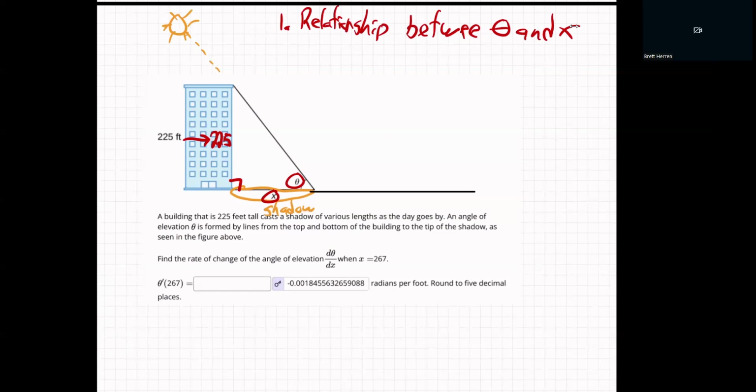So this right here is a right triangle, isn't it? Do you see that? And remember for right triangles, we can use SOHCAHTOA. Remember that from trigonometry? That's for any right triangle. Now a little trig review.